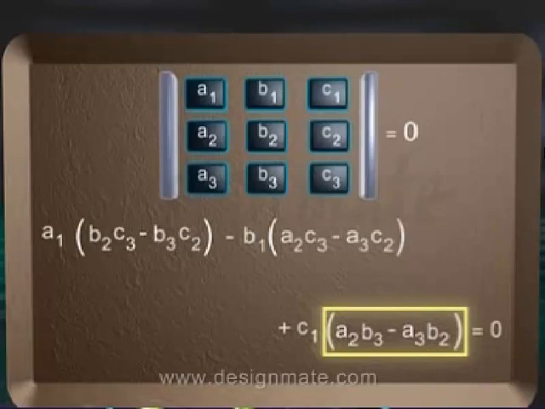Also, a2b3 minus a3b2 is not equal to 0.